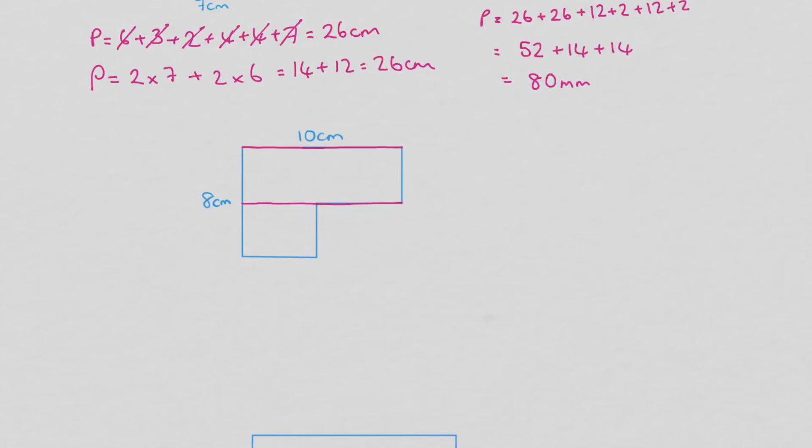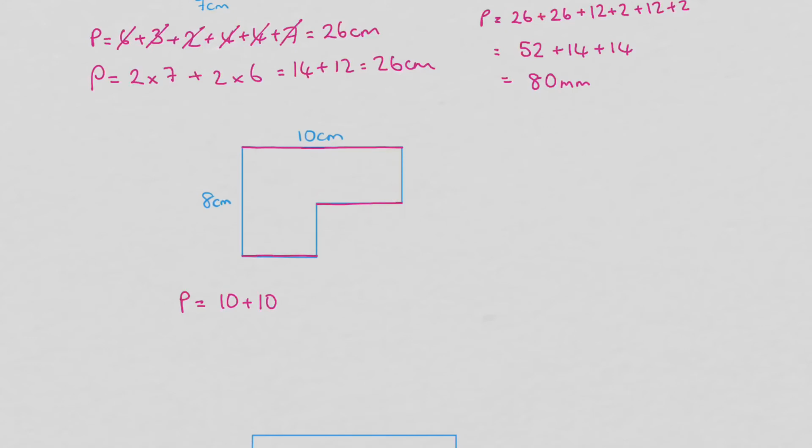So it doesn't matter what the individual lengths of these two lines are, we know that they add up to 10, okay? So we can say that perimeter is we're going to have 10 and 10, one for that line and one for these two combined.